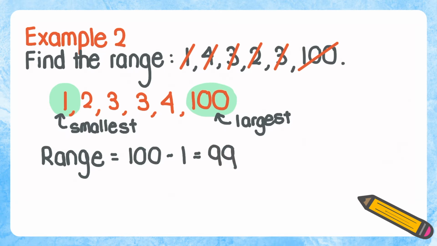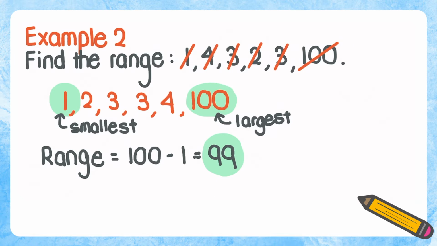Notice that I have a very large range right here. That means my data is very widely spread out. But if you actually look at the data that's given, notice that everything else but the 100 is all together. So the 100 skews our data.